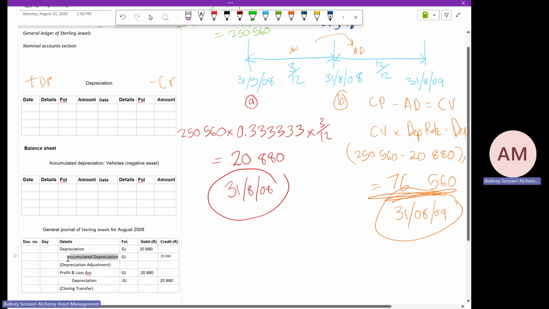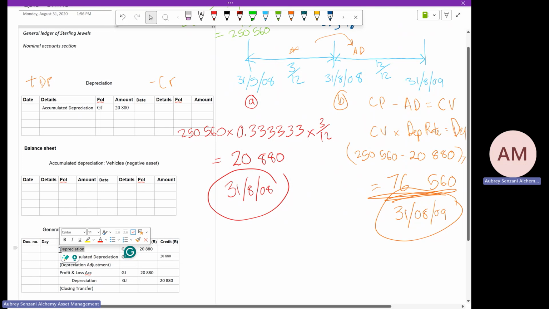So I'm going to copy from here to show you exactly what we're doing. And that is then 20880. And then we come here and accumulate depreciation. We're crediting it as we have done in the journals.